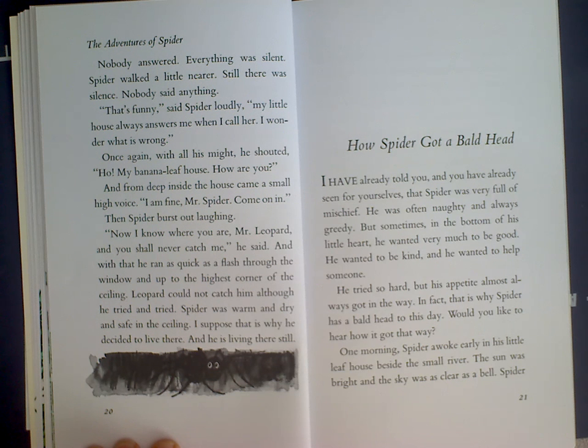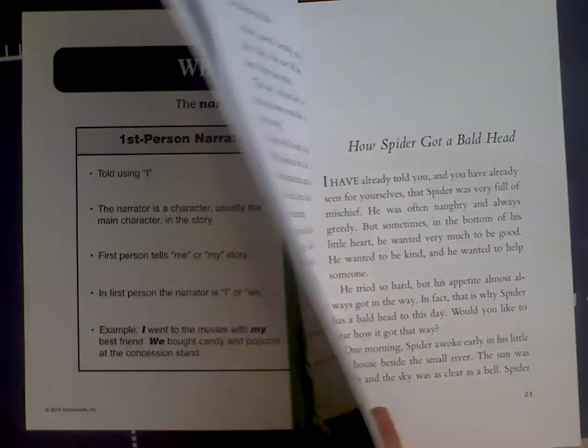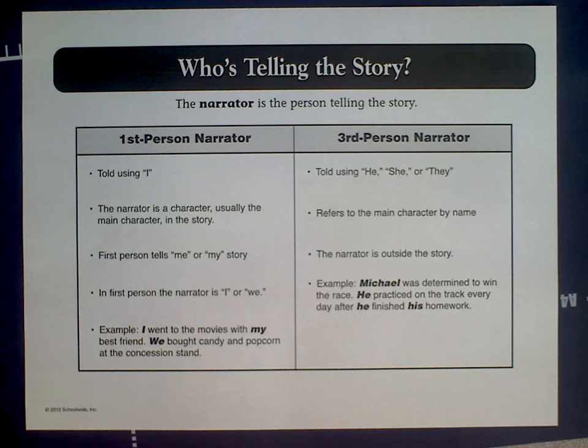So Spider wins and outwits Leopard after all. He is a pretty smart little guy, just like the narrator says. The person telling our stories, the narrator, is so important because he or she helps us understand the stories through his or her eyes.